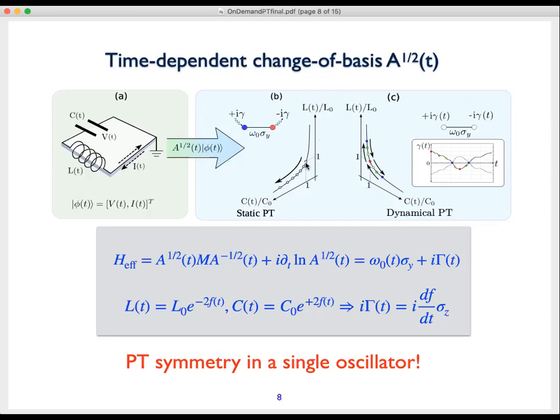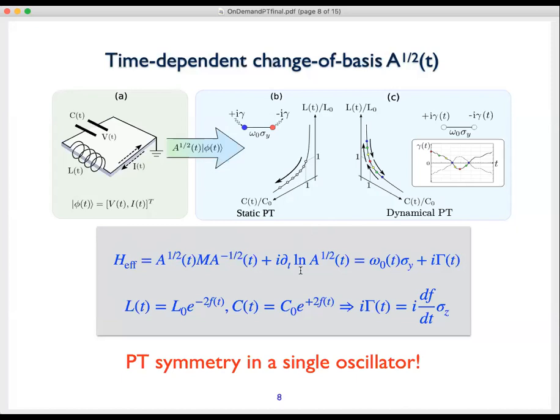So now what happens if I have this non-unitary time-dependent change of basis with this constraint? Well, you'll find, and this is again very well known in mathematics, that the equation obeyed by psi, this square root of energy density vector, is going to have an effective Hamiltonian. This effective Hamiltonian will have the old term that I had, and it will have a gauge term because my basis is changing from point to point.